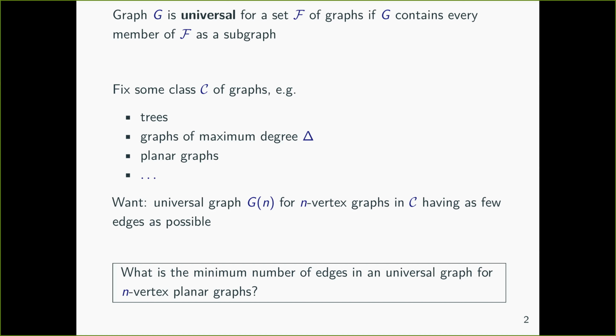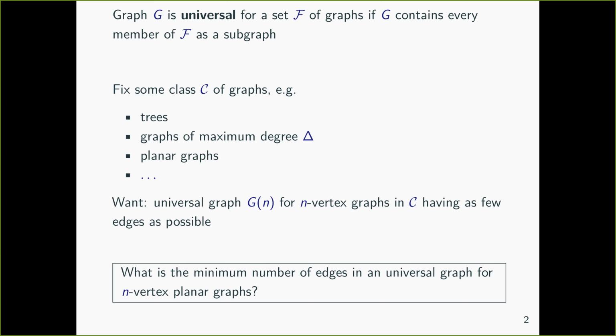Typically in this context, we take some class of graphs that we care about, for instance, planar graphs or trees or cubic graphs, and then we fix the number of vertices. So we look at n-vertex graphs in such a class, for instance, n-vertex planar graphs. And we want to find a universal graph for these n-vertex graphs in your class, which is good in some sense, for some measure of good.